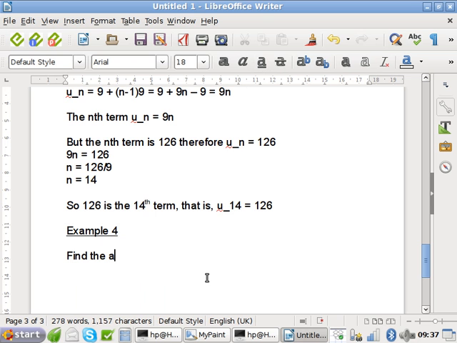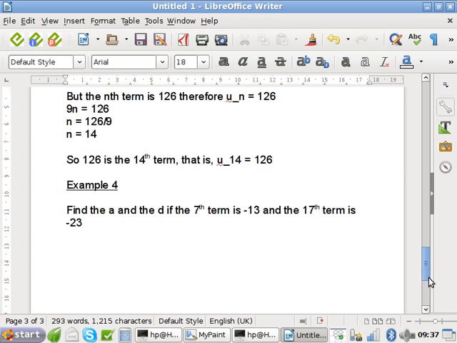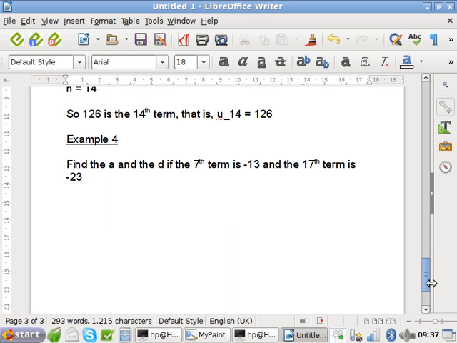Find the A and the D if the 7th term is minus 13 and the 17th term is minus 23. Yeah. So we start off, all we know is 2 terms in the sequence.